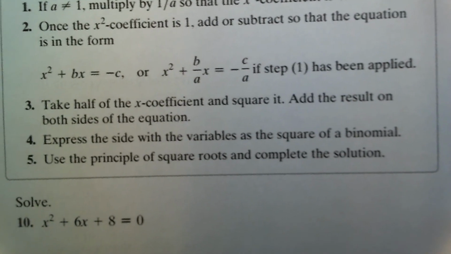So the first exercise is number 10, and let's complete the square on this one here. First of all, we notice that the coefficient of x squared is equal to 1, so we don't need to divide the equation by, or multiply by 1 divided by a.